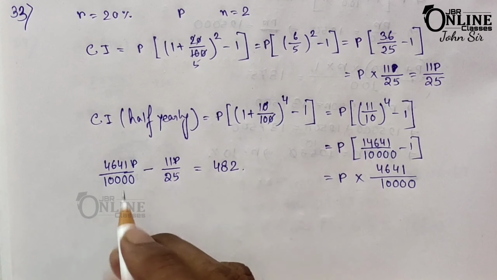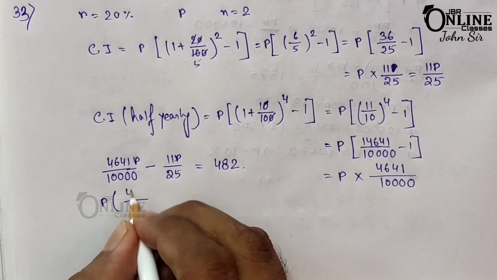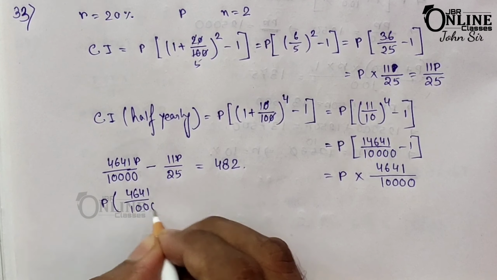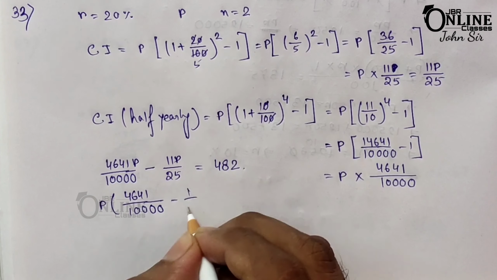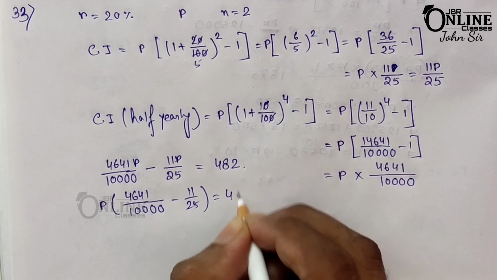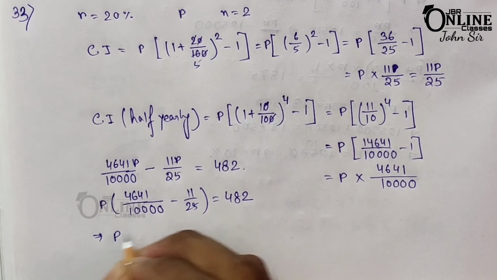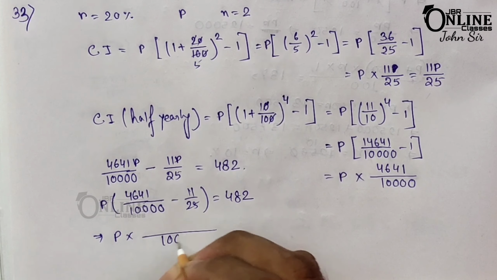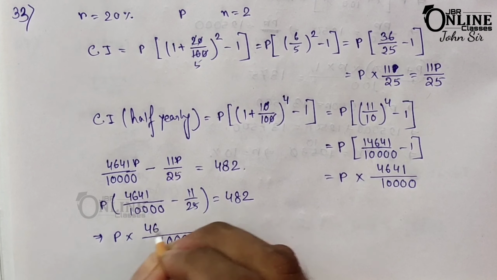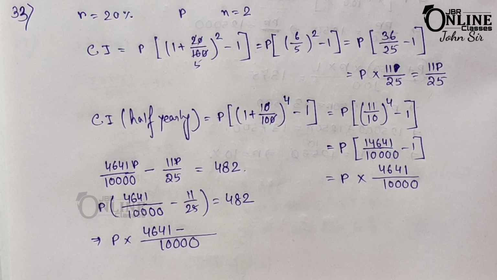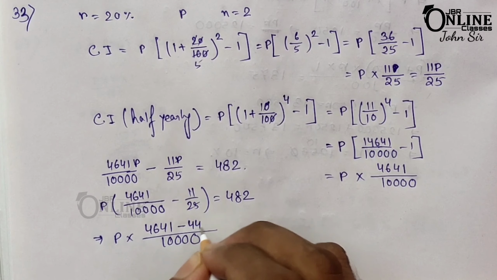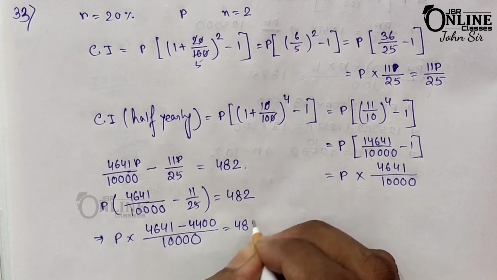Okay, so from that you can easily find out the value of P. So here this is the LCM, that means 10,000 is the LCM, so 4641, and then 10,000 divided by 25. So 10,000 divided by 25 becomes 400. 400 into 11 becomes 4400, that equals 482.